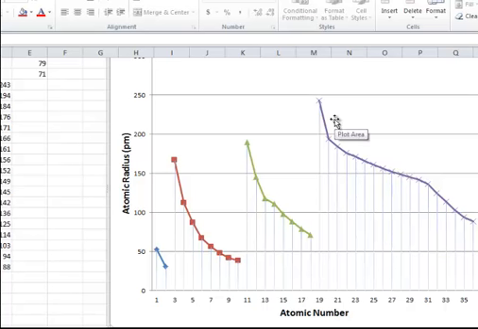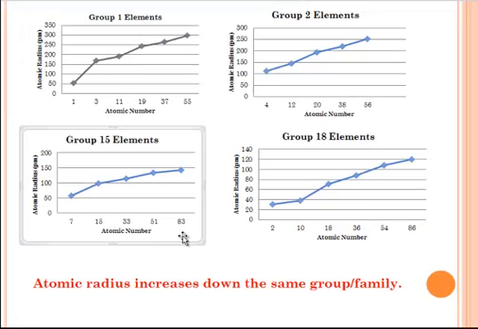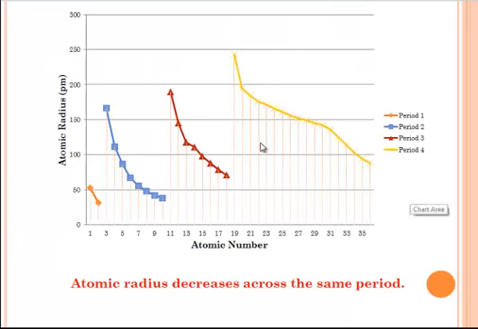For each one of them, we start with the lowest atomic number for that period and progressively go higher. This clearly shows another trend: as the atomic number increases across the same period, the atomic radius decreases, as indicated for period 4 elements, period 3 elements, period 2 elements, and period 1 elements.